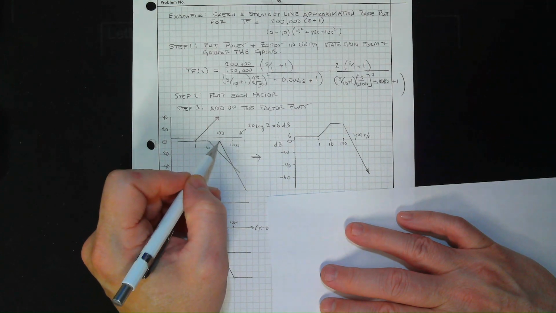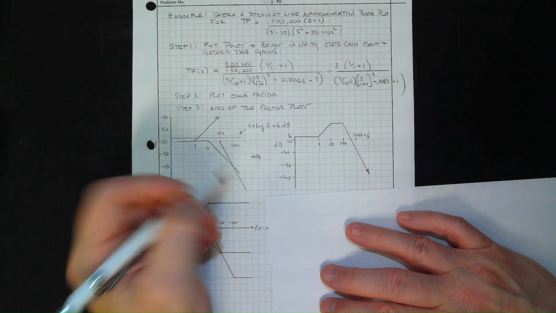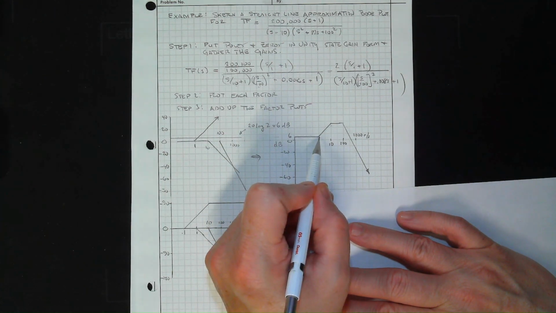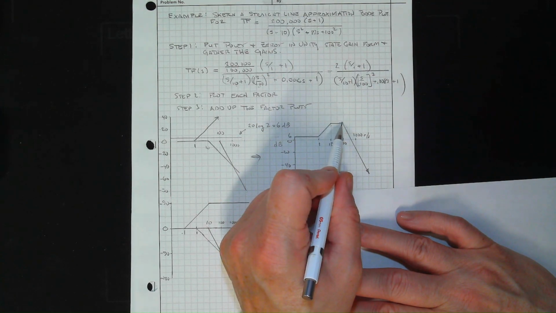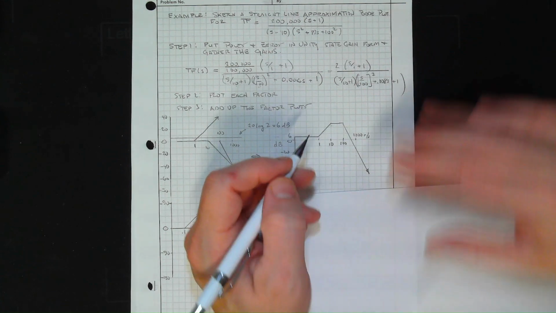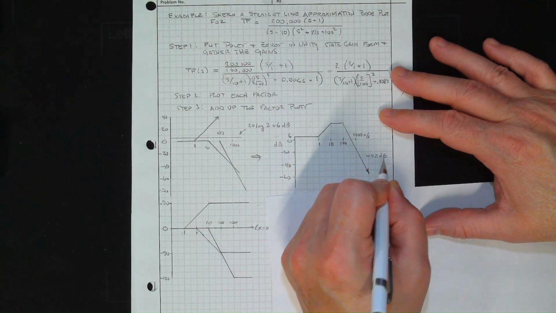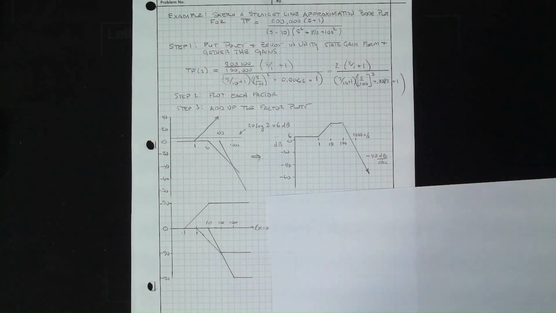When we get to 100, though, now here comes another 40 dB per decade drop. So we started at 6, go up by 20 dB per decade from 1 to 10, level off from 10 to 100, and then we drop. And we're dropping at minus 40 dB per decade from here on out. All done. There's a straight line approximation.